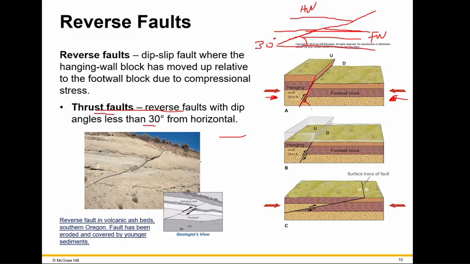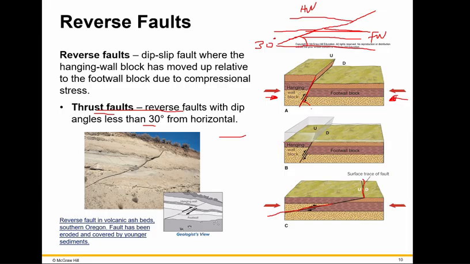And here's another example of a reverse fault in Southern Oregon. So this is the hanging wall, and this is the footwall. This is an example of a thrust fault because the angle is a lot shallower, and then this is the surface trace of the fault.